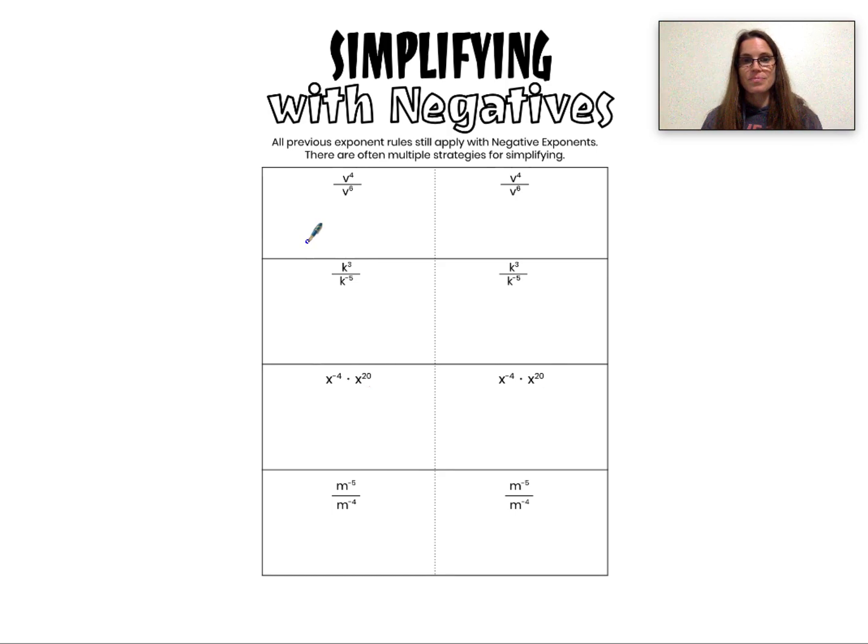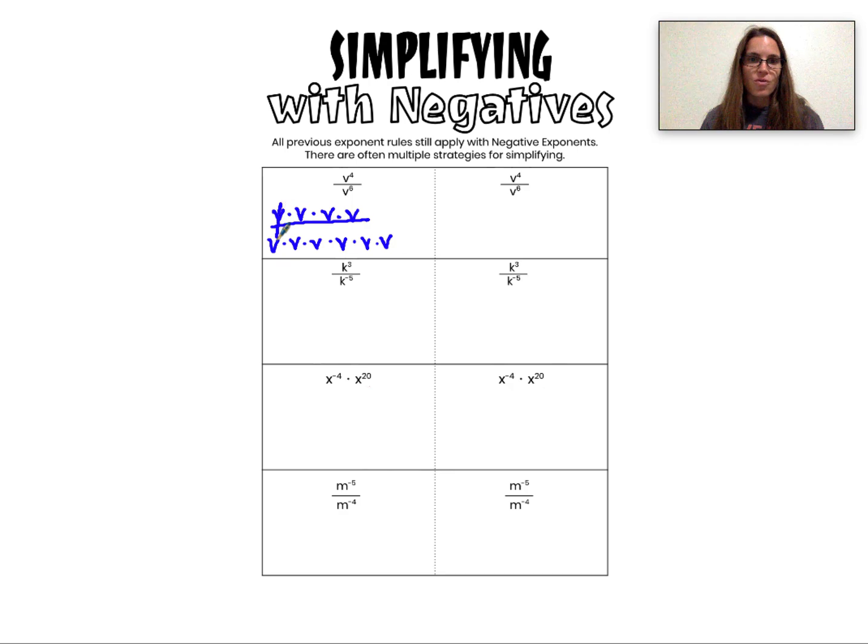For this first example, v to the fourth divided by v to the sixth, one strategy is to actually expand out the numerator and the denominator. V to the fourth is v times v times v times v over v times v times v times v times v times v. This is the strategy I do, although maybe just mentally.